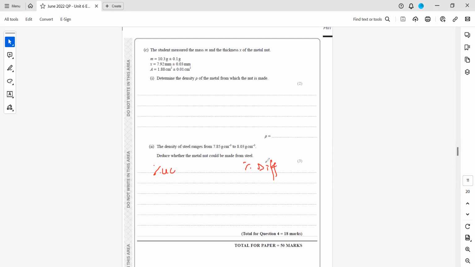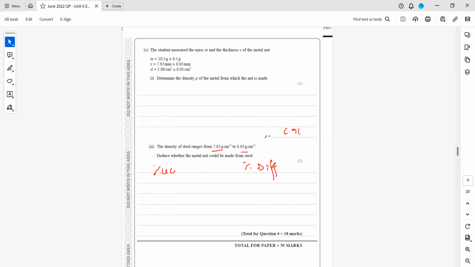But if the percentage difference is higher than the percentage uncertainty, they are not the same. When we work out the density here, by substituting the values, it will be 6.91. This is our density, and this is the standard density.